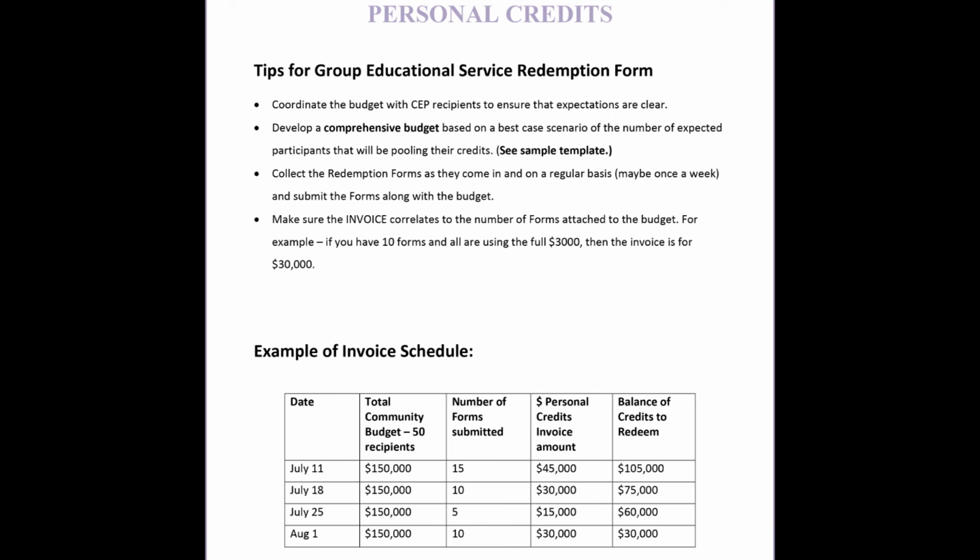So what Crawford is going to do is they're going to look at your master budget, and they're just going to cross-reference all of the participants. So if you have your master budget of $270,000 and you send in your invoice the first time with 10 people at $30,000, they'll do $270,000 minus the 30 means that you still have $240,000 to work with as part of your budget.